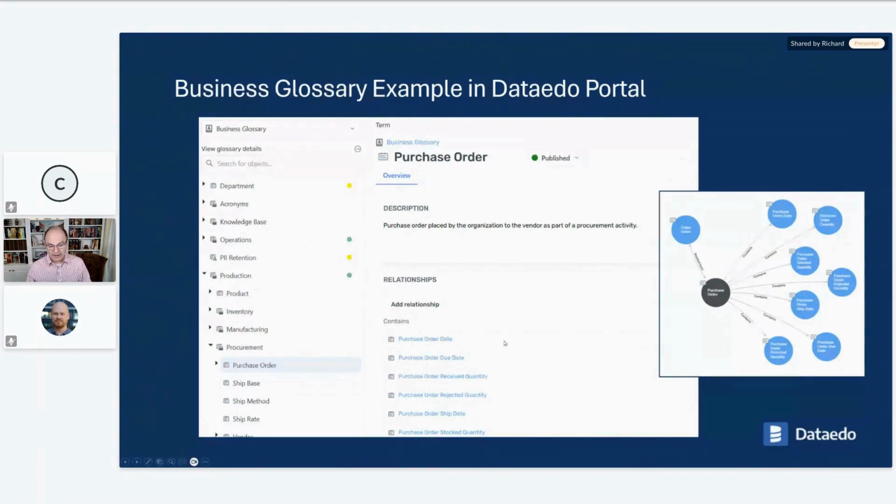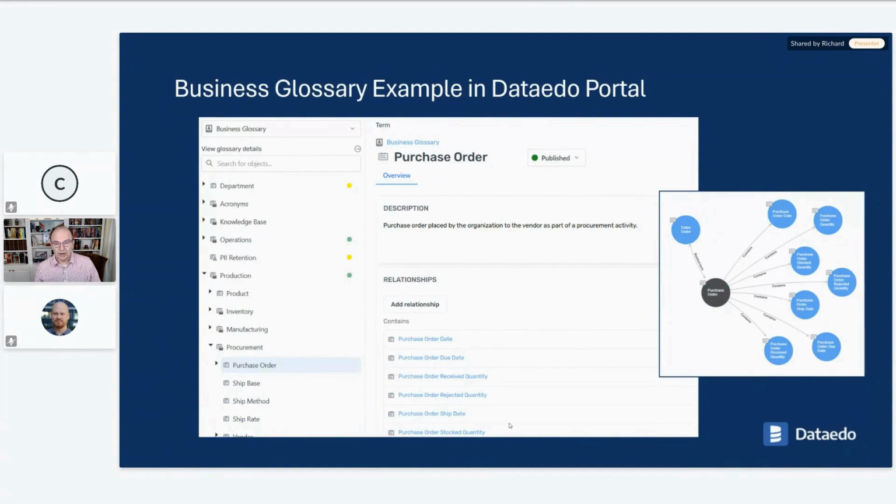And along with that, you can see there are some relationships between that term and some other terms. And we've shown those relationships in a diagram here on the right. But the purpose for this is so that you not only know the term and its definition, but you start to build this matrix of understanding between that term and other terms. You see how they relate to each other and get deeper and deeper knowledge.